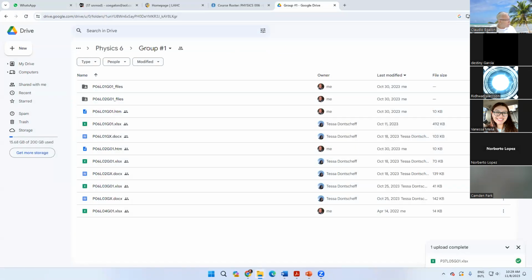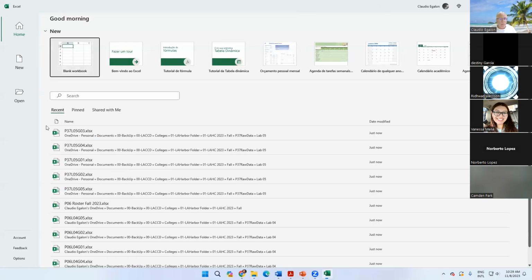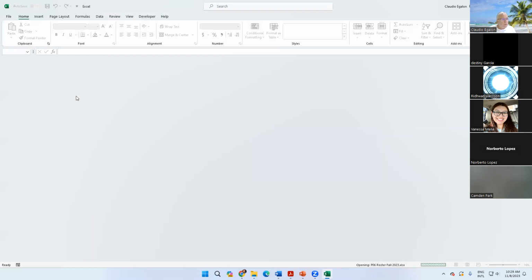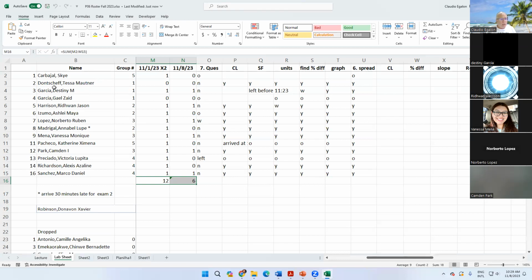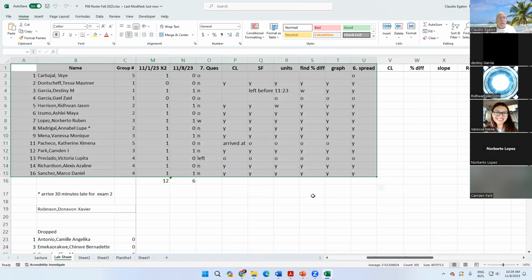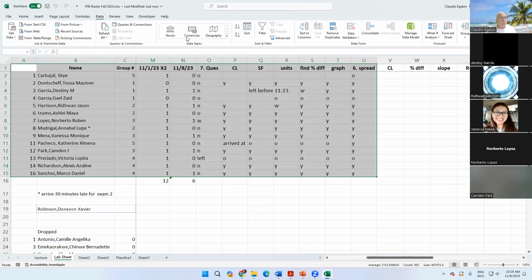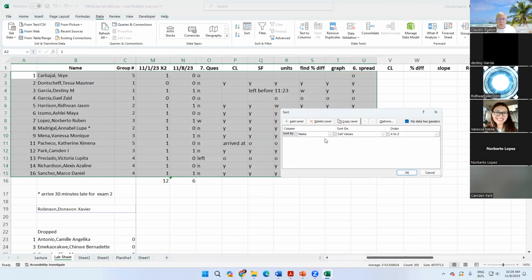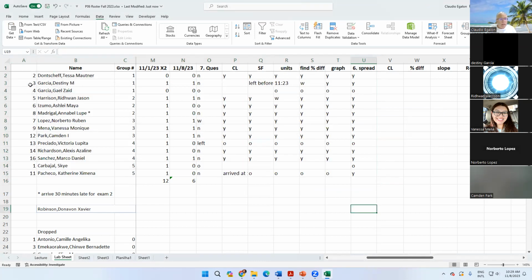And I gotta get back to my spreadsheet here. Let's see who is here first. Sort by group number. So let's see.